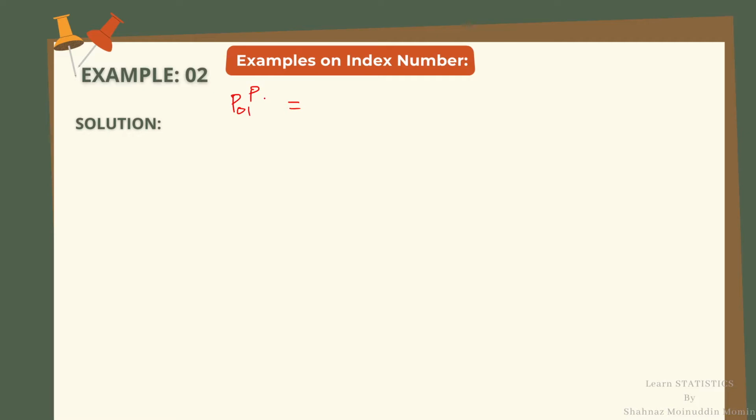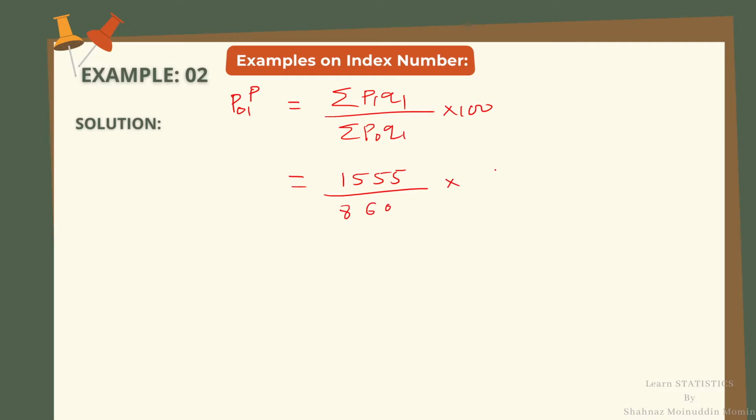So the formula is summation P1 Q1 upon summation P0 Q1 multiplied by 100, which is equal to 1555860 into 100. Therefore, P01P is equal to 180.814.